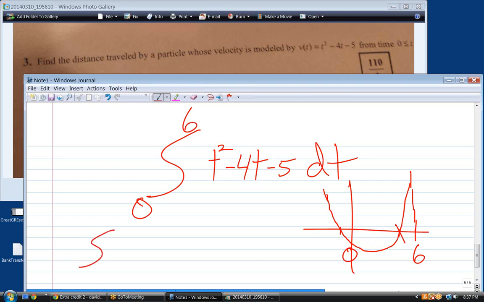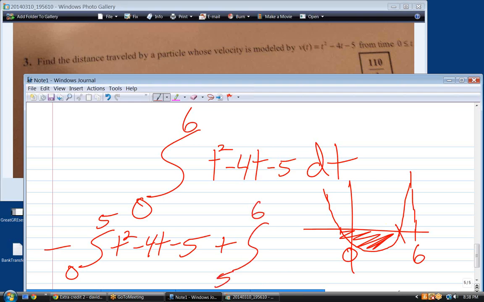So let's do it. Since we know it goes from 0 to 5 of t squared minus 4t minus 5, that's going to be negative, so we're going to take the negative of it. That's going to give me the positive area of this section right here, which is going to be total distance traveled. Then I'm going to add to it the positive area from 5 to 6 of the same function.